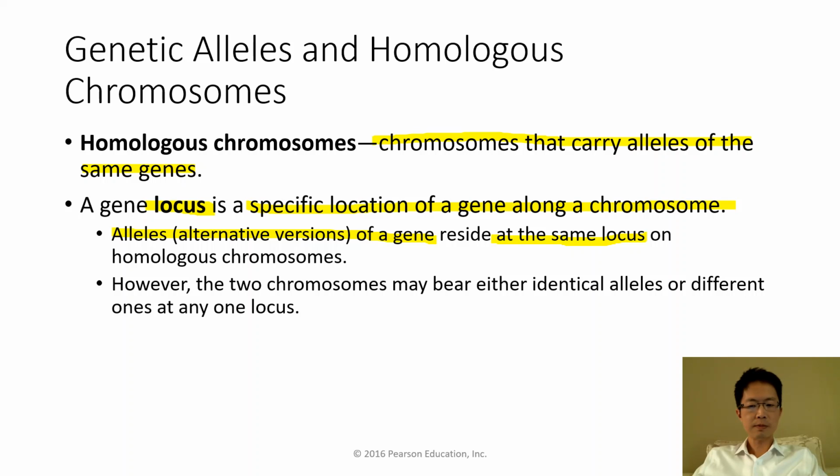So it already said that they can carry identical alleles or different alleles. If they carry different alleles, we call it homozygous dominant. If they carry identical alleles, it can be homozygous dominant or homozygous recessive.